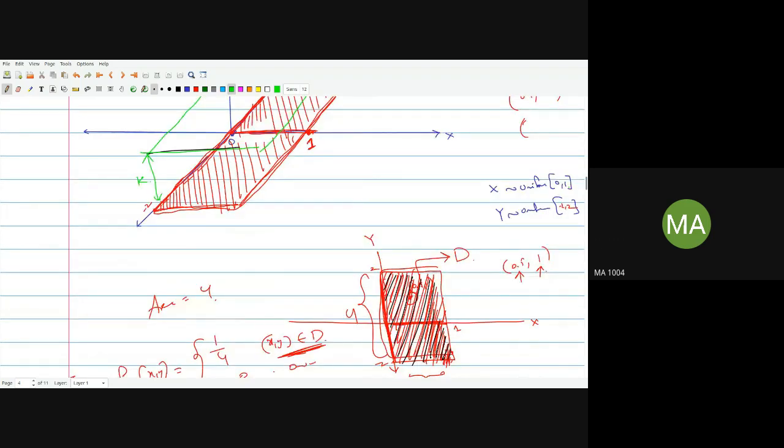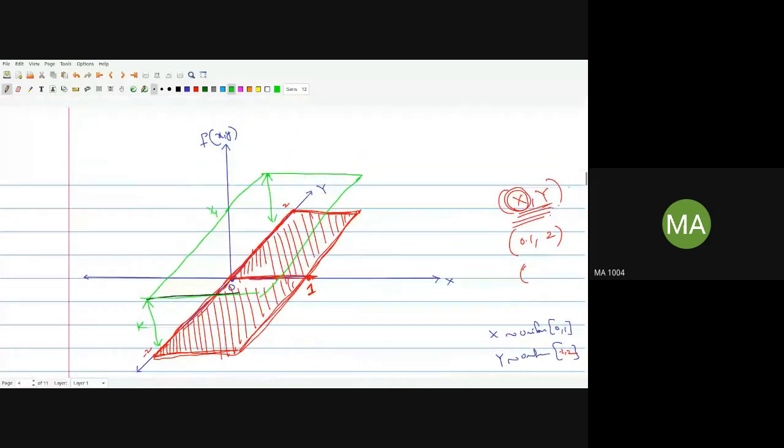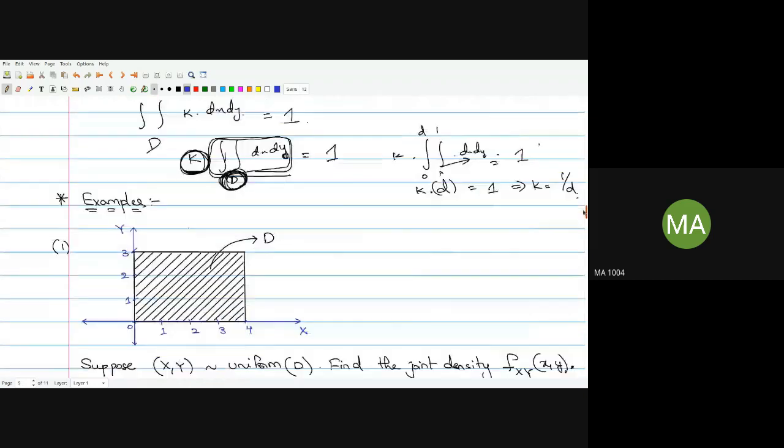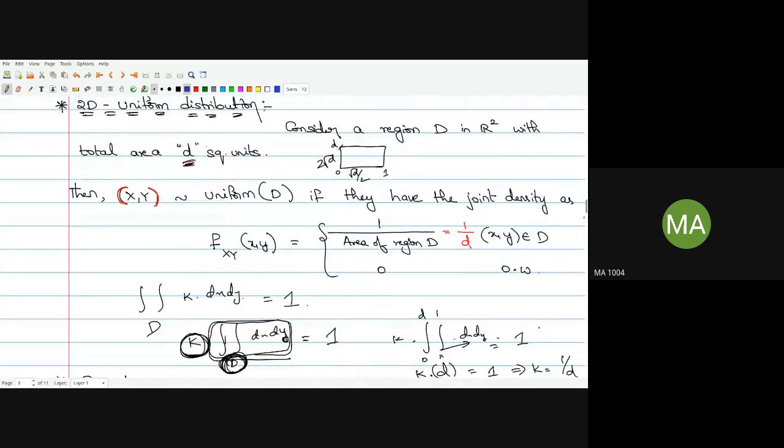But see, this is somewhat trickier. Every time you have to think about a third axis, which is fxy in this week 6. So not only working in two dimensions. First understand that if it is a uniform distribution, then the joint density will be 1 by the area of the region.